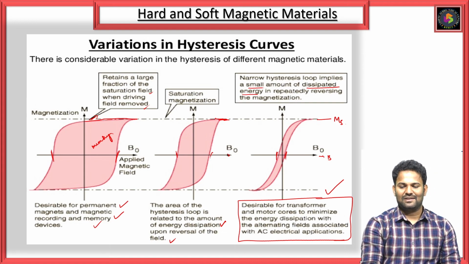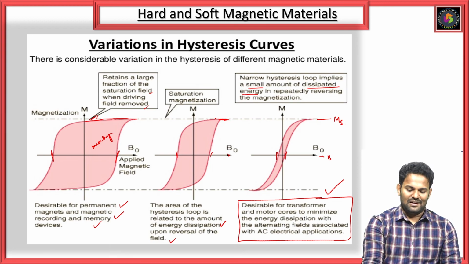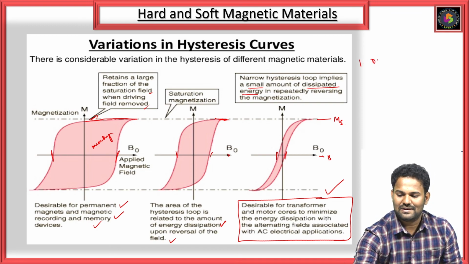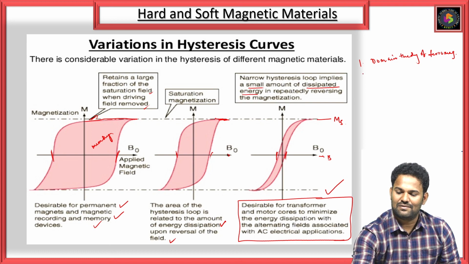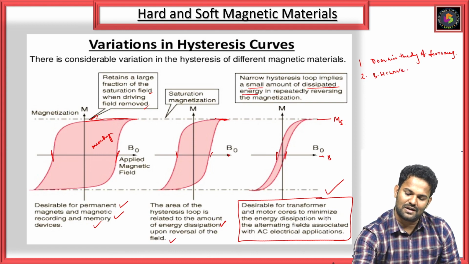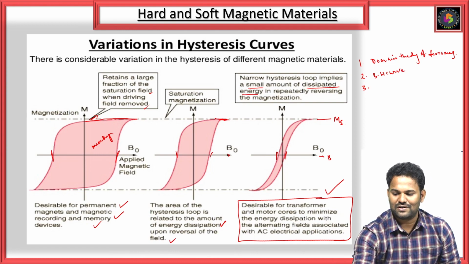I think you will understand today's outputs. The first one is the domain theory of ferromagnetism, the second one is the BH curve or hysteresis loop, and the third one, which we completed, is hard and soft magnetic materials.